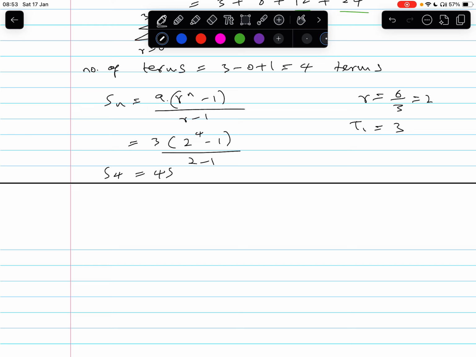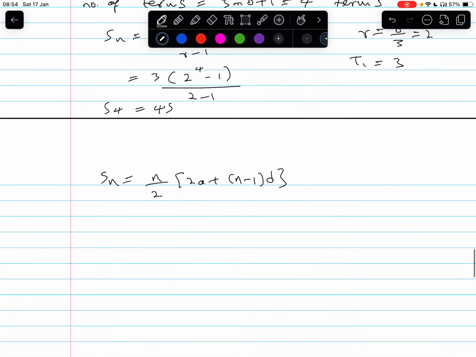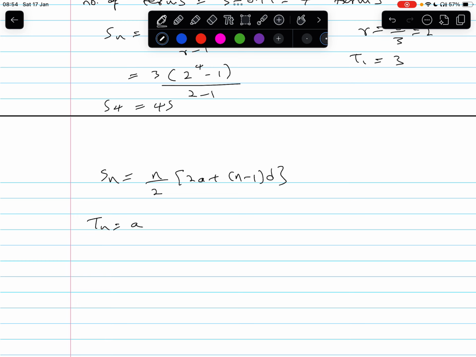So now let's look at the derivation of this formula. So this formula comes from here.